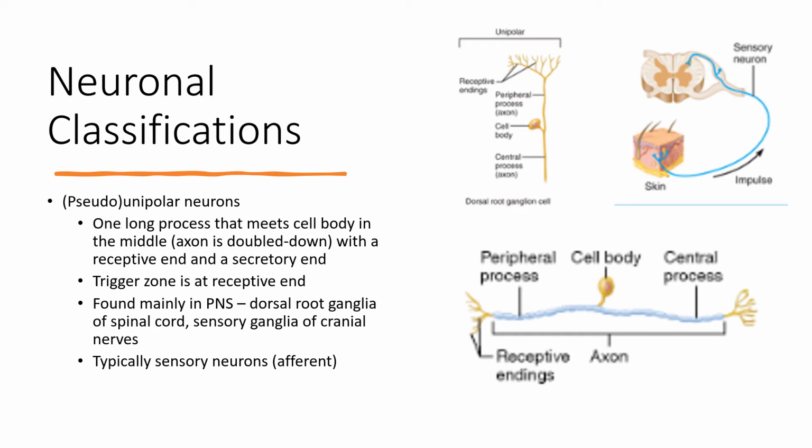Pseudo-unipolar neurons feature one long process that meets the cell body in the middle by way of a little axon branch. So you have a receptive end that comes down and you have a myelinated process. It's not called an axon because this is a receiving end.